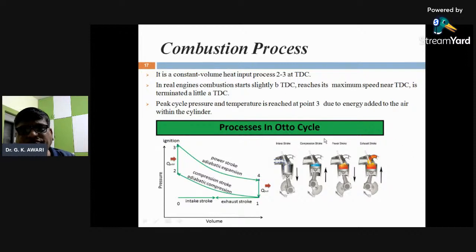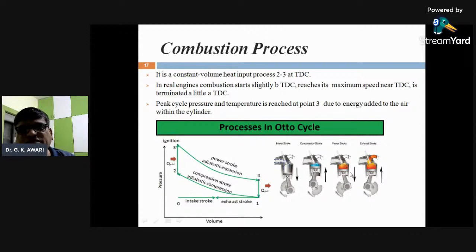Therefore it pushes the piston in the downward direction, and this is where the flywheel comes into the picture. In a four stroke engine, or even a two stroke engine, the power stroke occurs only once per cycle, for some duration of the piston movement.